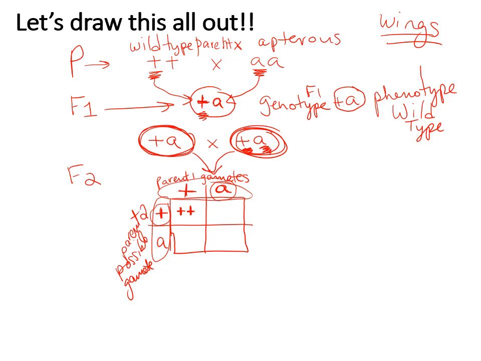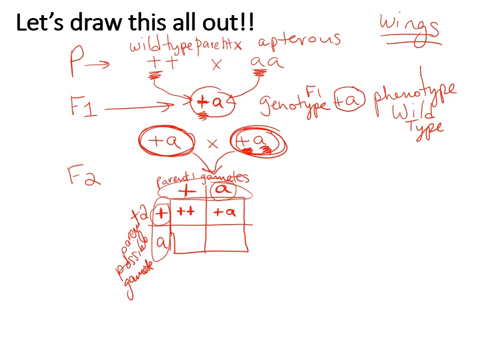Now we usually write wild type first in the genotype, so I'm going to put plus and A. Notice that each square represents the F2, the new baby, I'll call it, the new offspring's genotype. And for that trait, we're looking at one trait because it's monohybrid, you have to have two alleles, one from mom, one from dad.